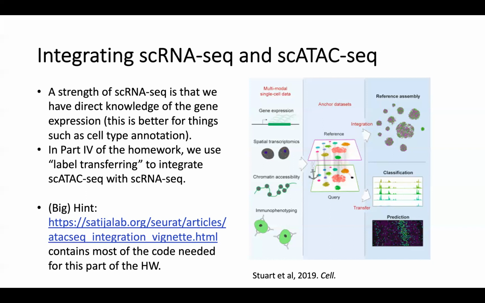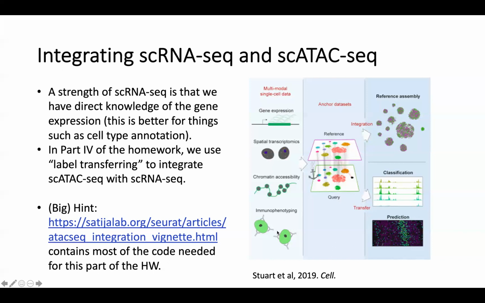Then you treat both this inferred score and your true single cell RNA-seq data as two batches from the same experiment. Up here, the reference might be your single cell RNA-seq data, and the query might be the scores you inferred from single cell ATAC-seq.